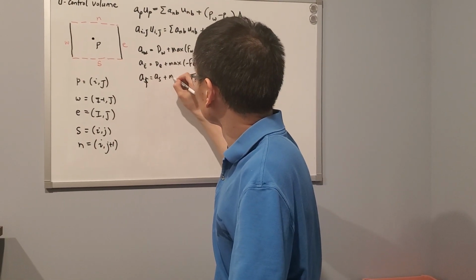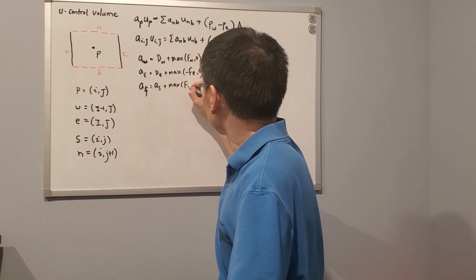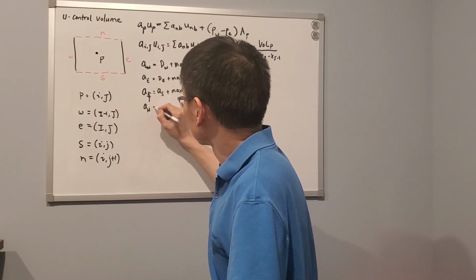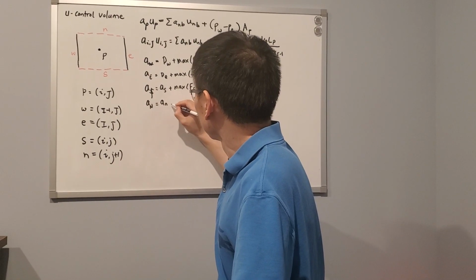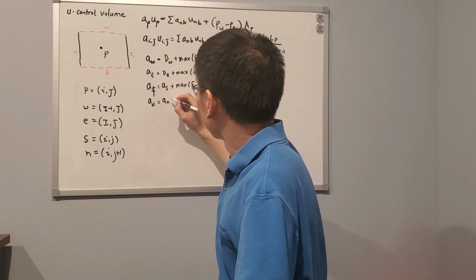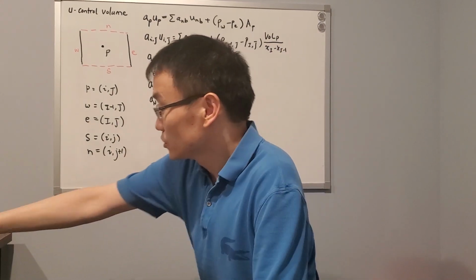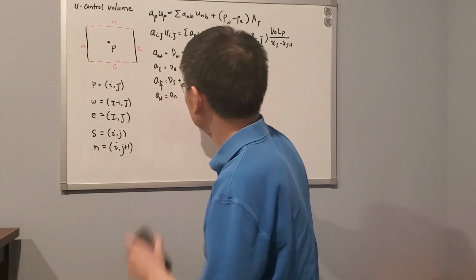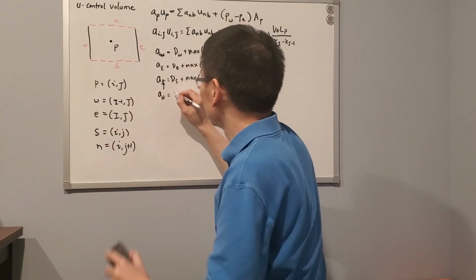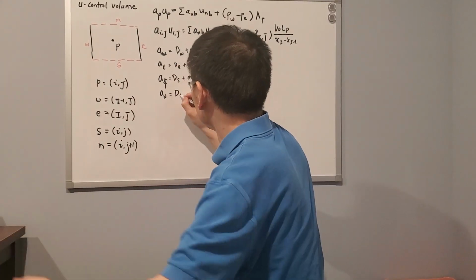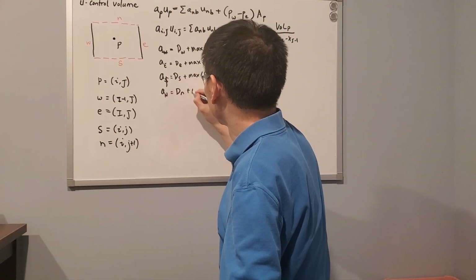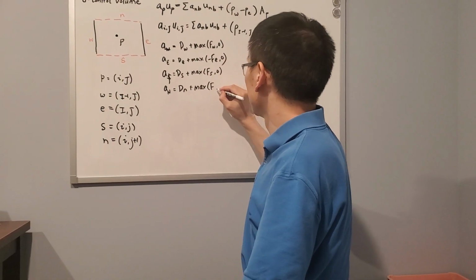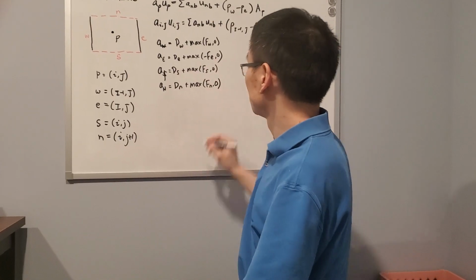AS will be, this is capital S, dS plus maximum of FS and 0. And A north will be, and this is D, this is again D, maximum of minus F and 0.